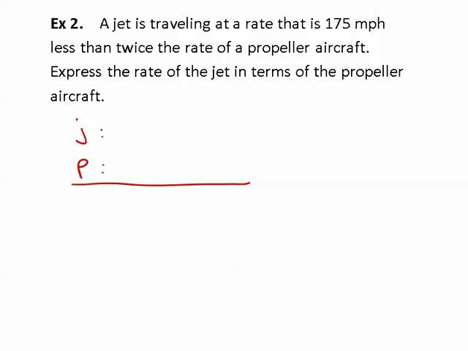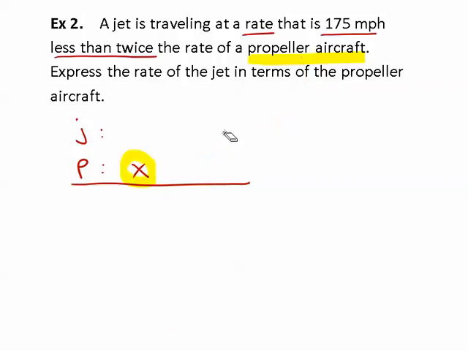So right now we know the least information about the propeller aircraft, so we're going to let the propeller aircraft be X. So what we now do is go back to the relationship. The rate of the jet is 175 miles per hour less than twice the rate of the propeller aircraft. So how do you say 175 less than twice the propeller aircraft, which is X?